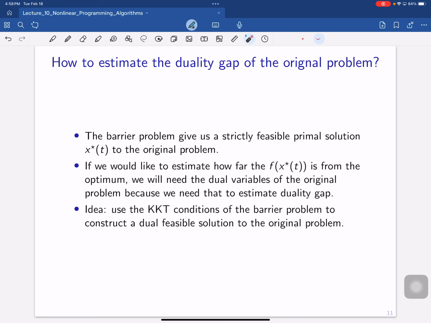Of course, in practice, you cannot let t go to infinity. t must be a finite value. Now the motivation is, how do we get an estimate of the optimality gap with just a primal feasible solution? That's what we are going to show in the next few slides.